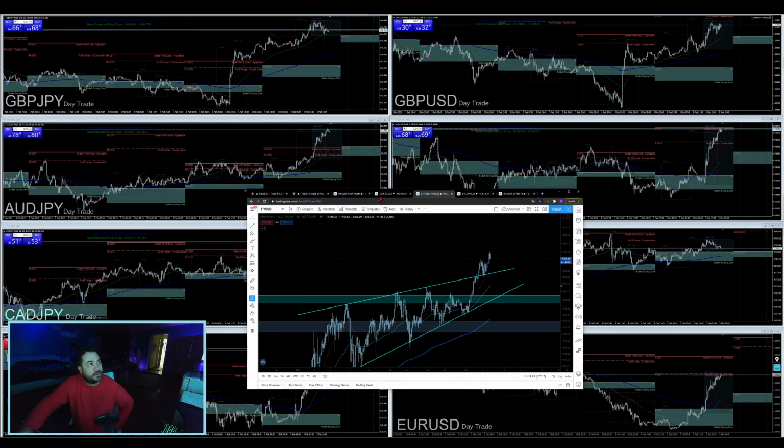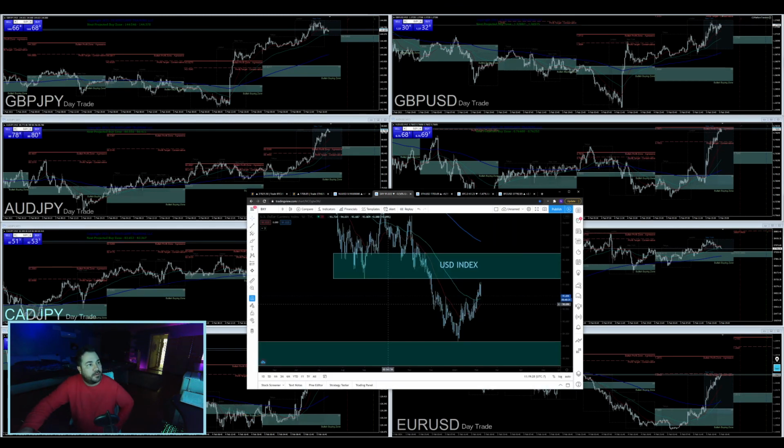Ethereum still holding out. Here we go at support. Let's draw a little bit of a support level in here. This is a small little support level right in here, like a local support level.